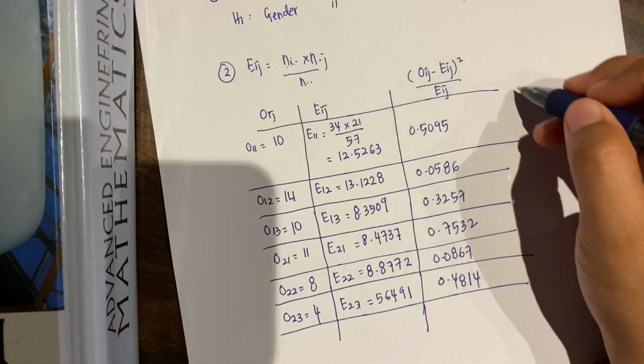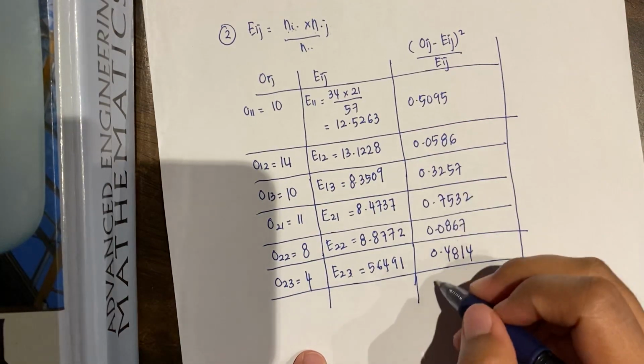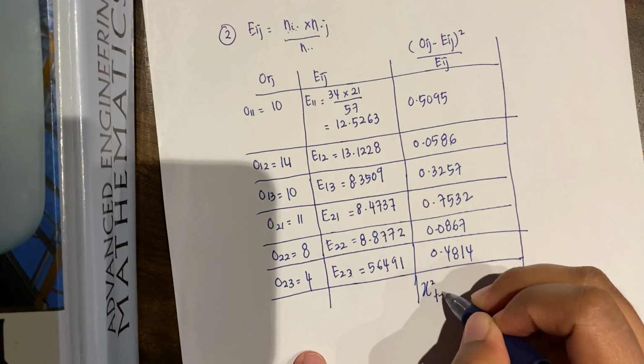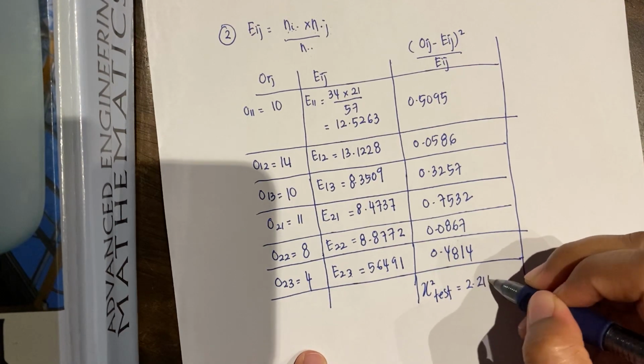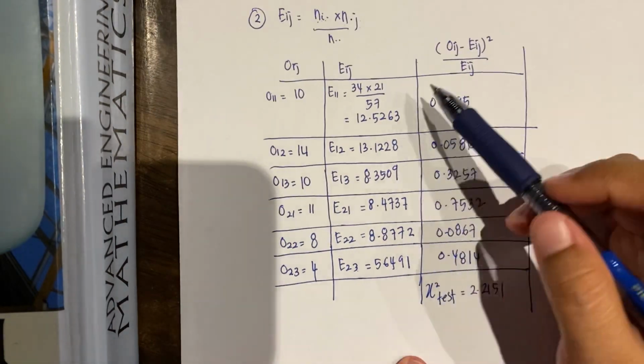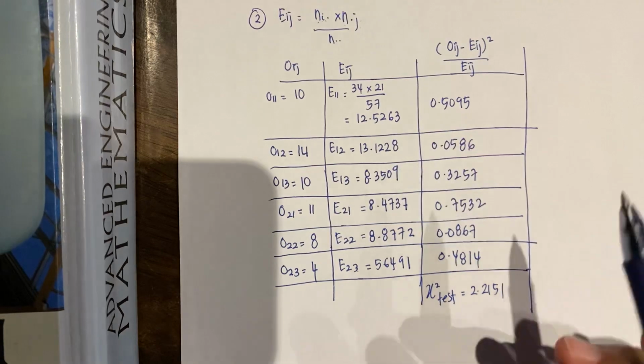The summation of this column gives your chi-square test statistic, 2.2151. And again, there is no assumption for the E; your E can be less than 5.